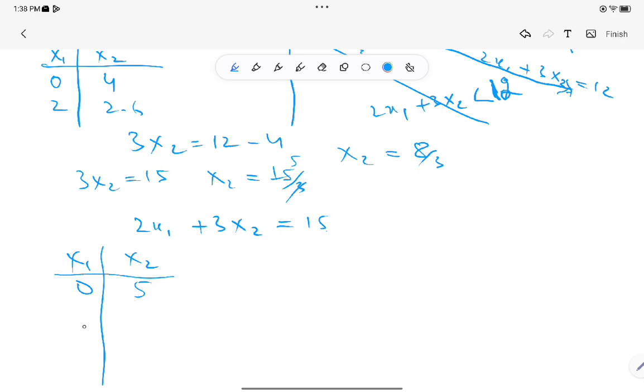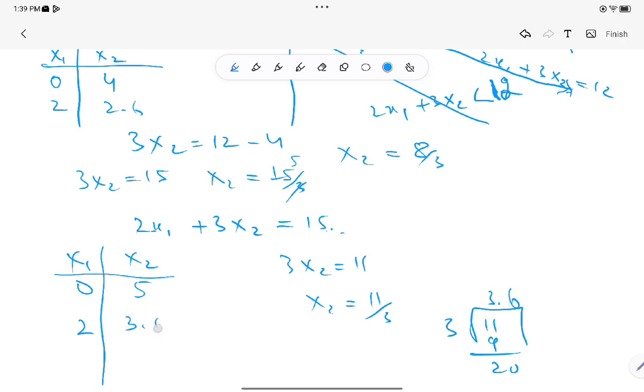Next, give a value of 2 to x1. 2 2s are 4, so 15 minus 4 gives 11. 3x2 is equal to 11, so x2 is equal to 11 by 3, which is about 3.6.